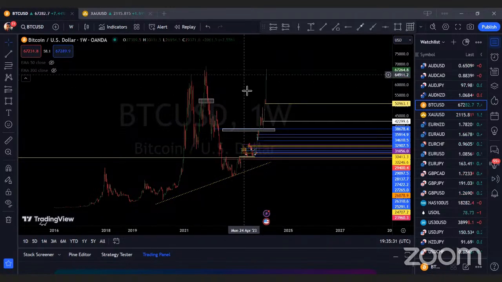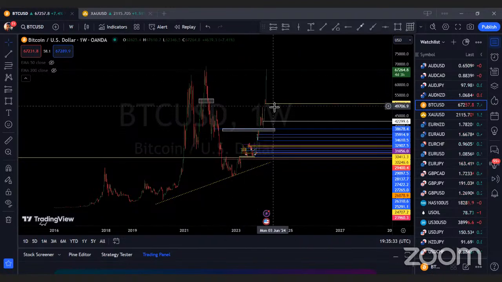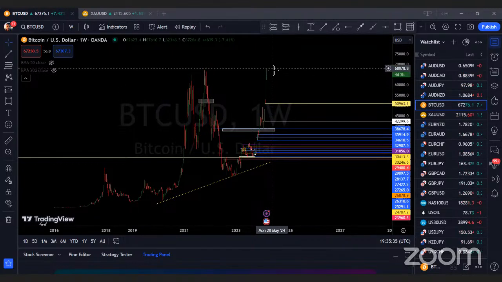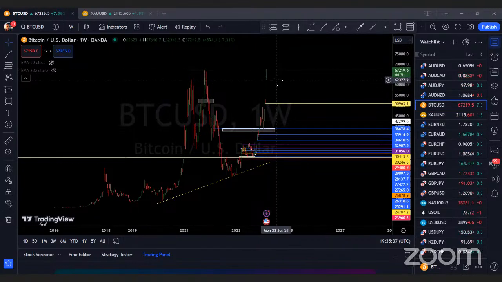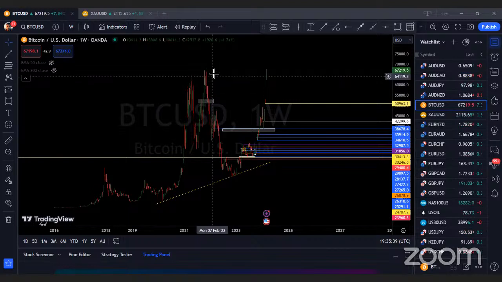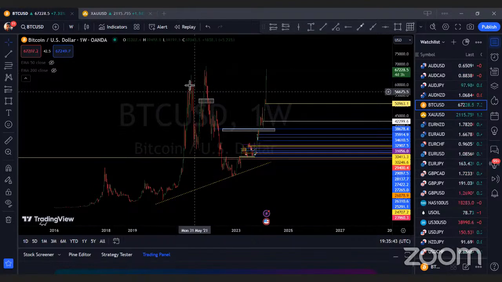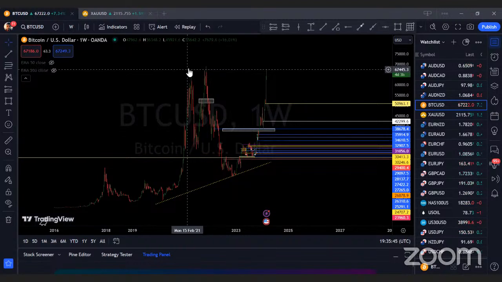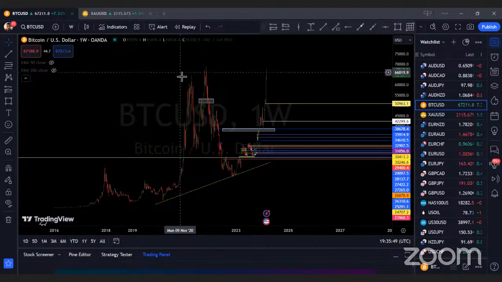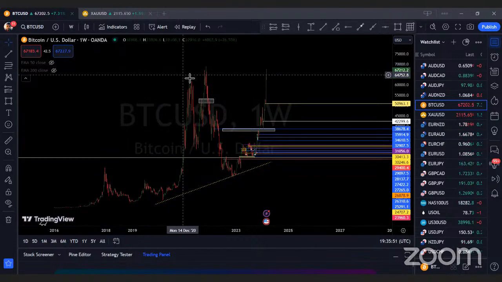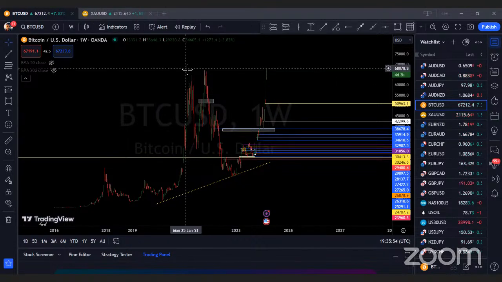Now, we have a destination for every market. Bitcoin has a destination, right? That destination is not 69,000 anymore. Here's the point. A lot of people, a lot, even some of you here, you're going to buy Bitcoin at 69,000. Trust me.